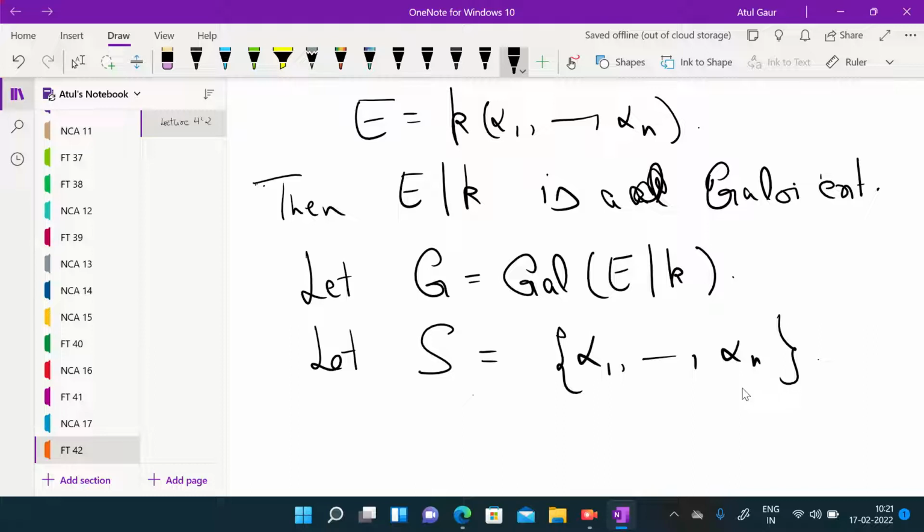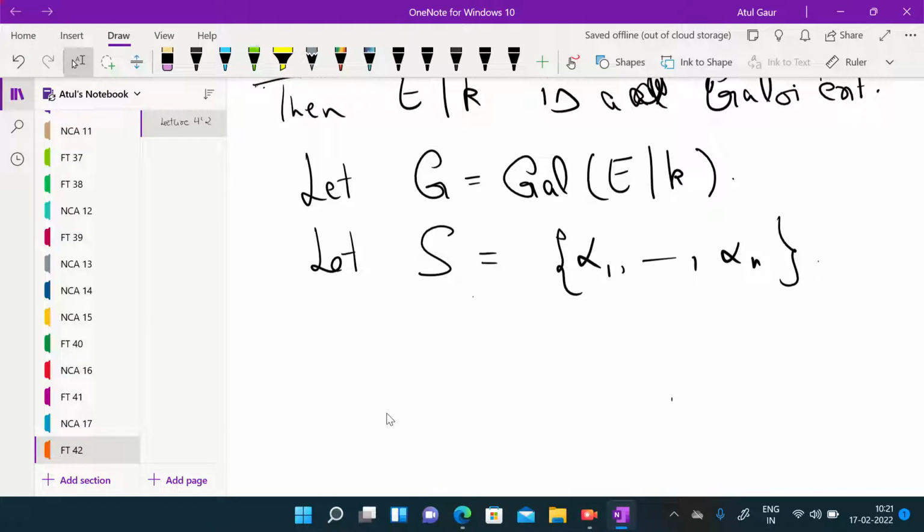So suppose sigma is any automorphism in G. That means sigma is a K-automorphism on E, right?